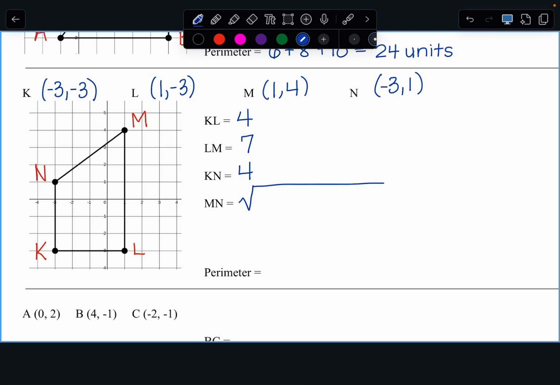So M and N, the x's 1 minus -3 squared plus the y subtracted 4 minus 1 squared.